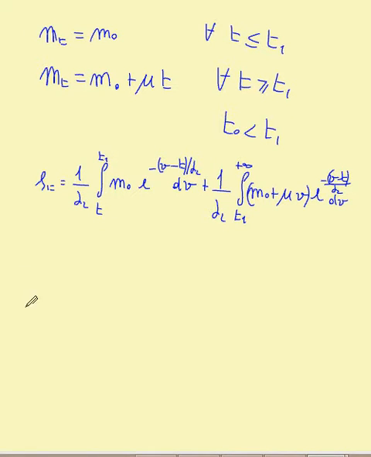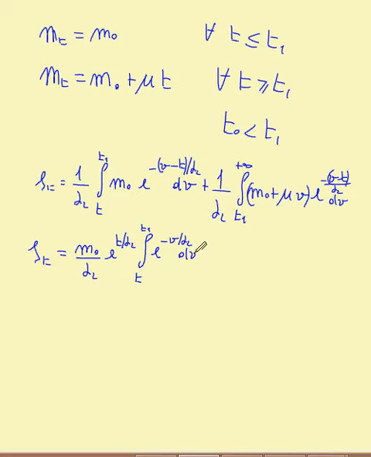Okay, so in this case, the first part of the integral is m0 divided by alpha 2 e to the power of t over alpha 2, which is outside the integral, which multiplies the integral between t and t1 of e to the power of minus v over alpha 2 in dv.